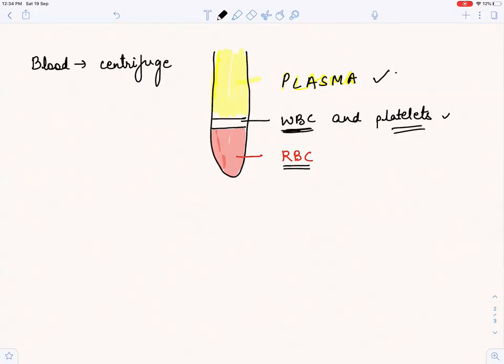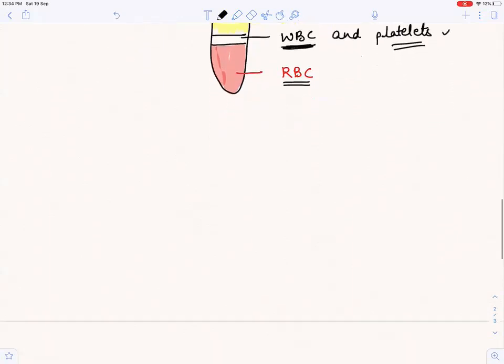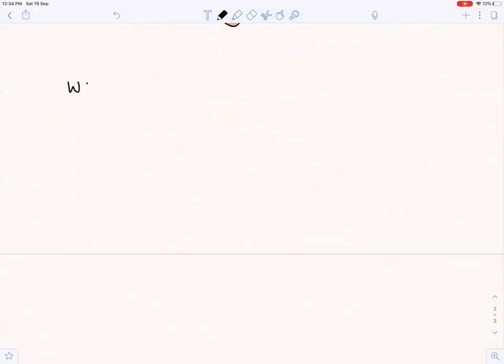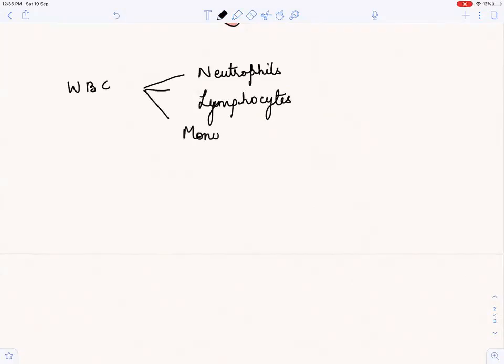Okay, now let us see what all is in WBC. So the WBC has, or what are the different types of WBCs? Neutrophils. We'll do all these things in detail. First, you should be comfortable with these words. First, at least get comfortable with the words, and then we'll be doing everything in detail.